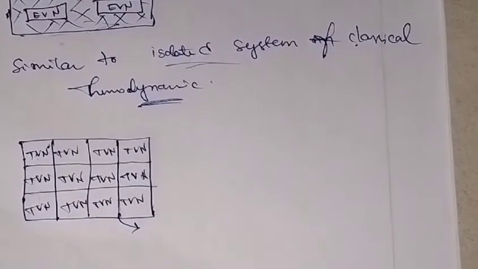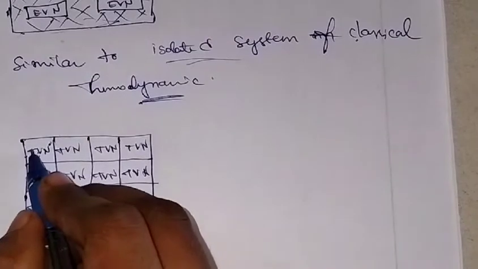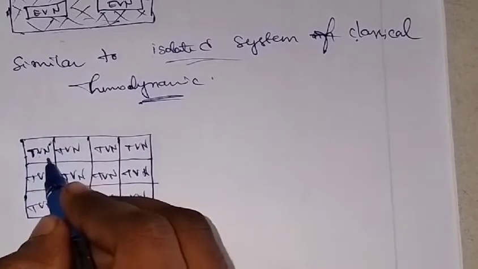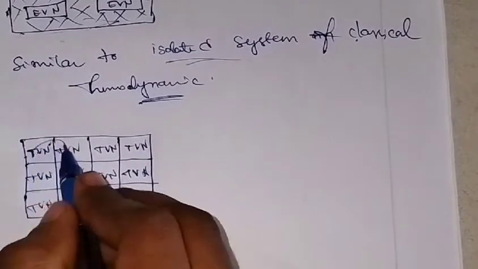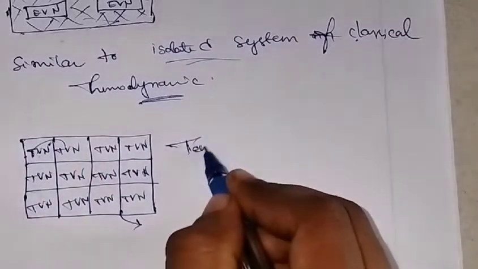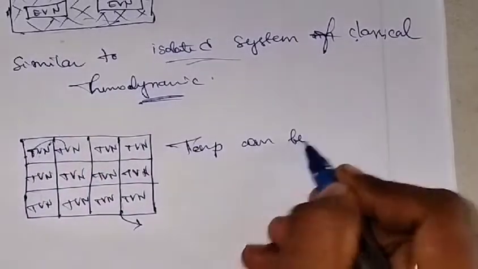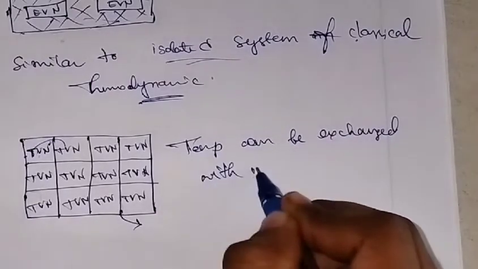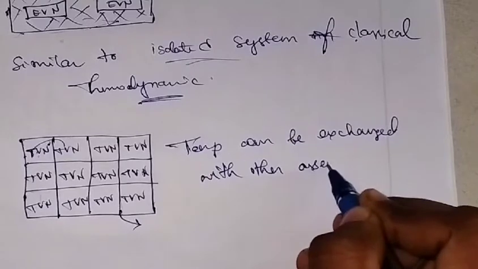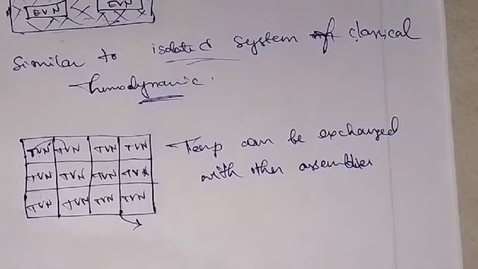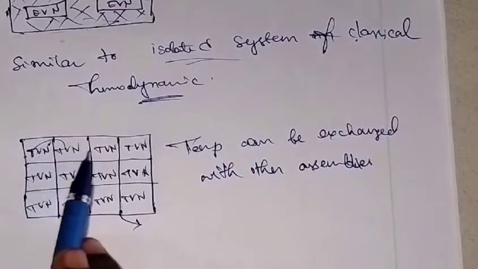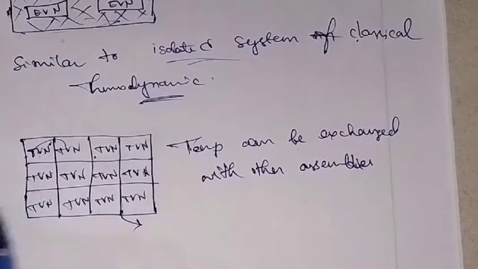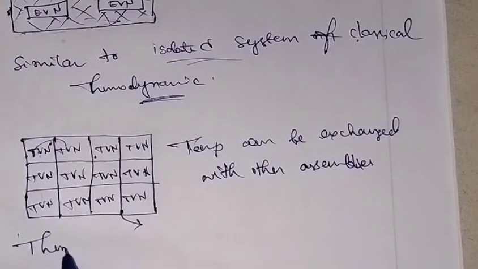As a result, the temperature can be exchanged with the other assemblies. Therefore, in this type of ensemble, there will be equilibrium.